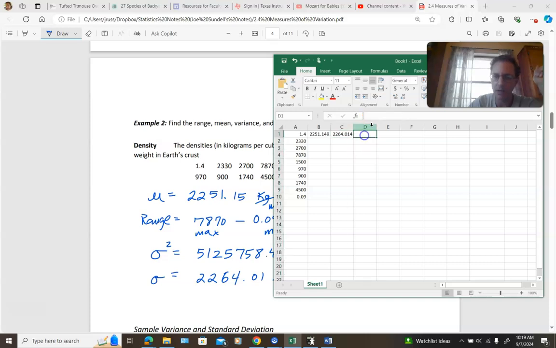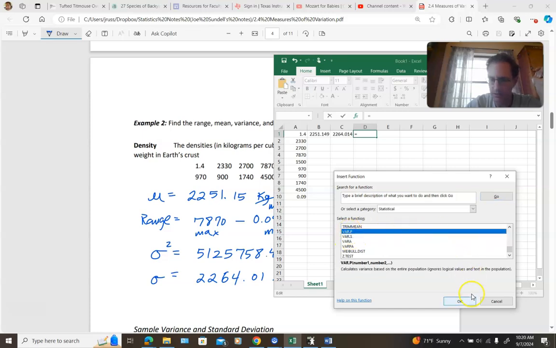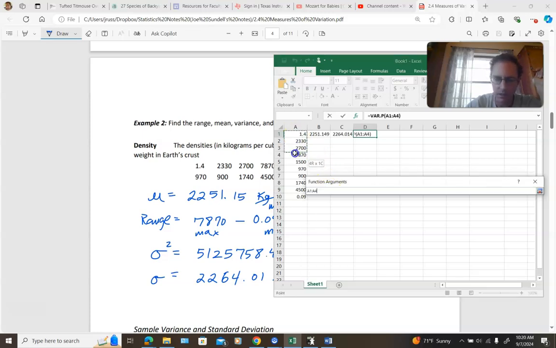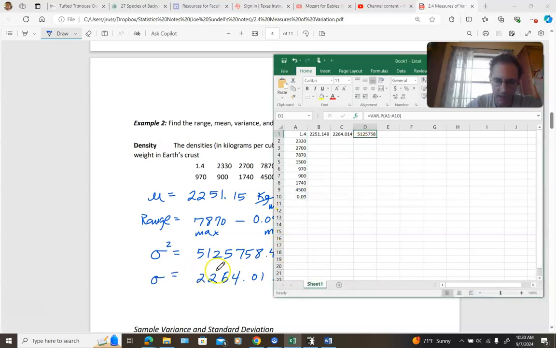And then I'll also let D1 represent the variance. And let's see if we can find it. Okay, so again, it says VAR.P, VAR.S, so we're pretending this is a population, and we'll do the same thing. Click OK, and we get the same values.